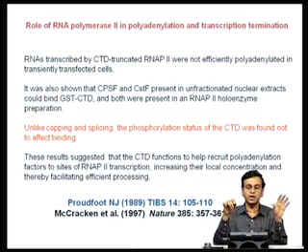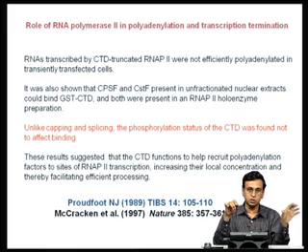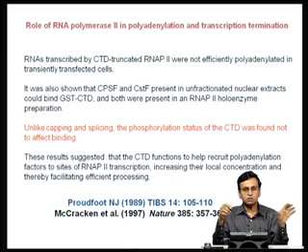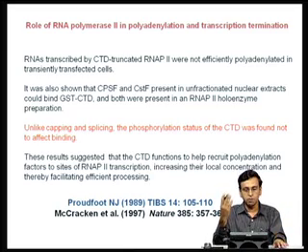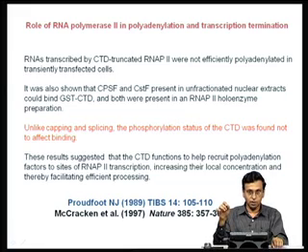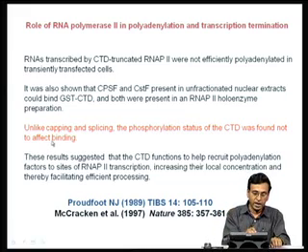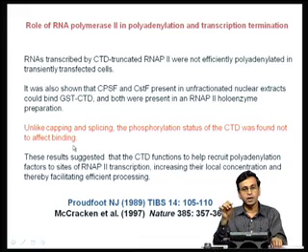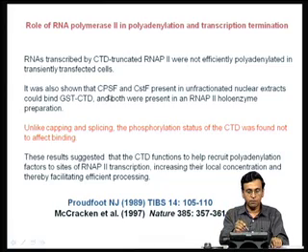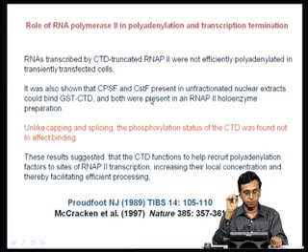But in the case of polyadenylation, phosphorylation of the CTD does not seem to play an important role in the interaction with the proteins involved in polyadenylation. So, unlike capping and splicing, the phosphorylation status of the CTD was not found to affect the interaction of CPSF and CSTF with the RNA polymerase II CTD.